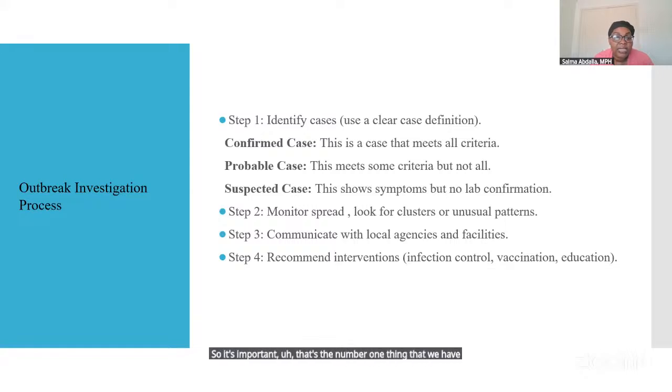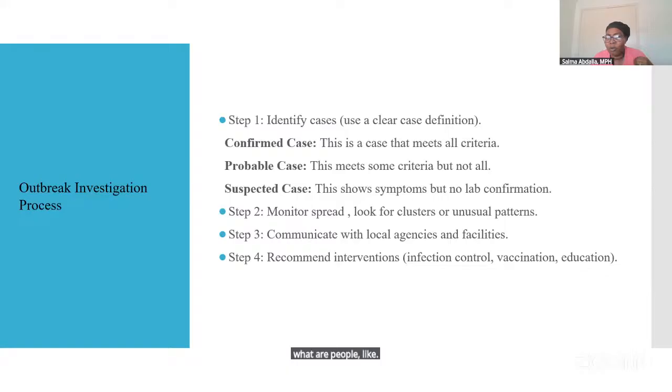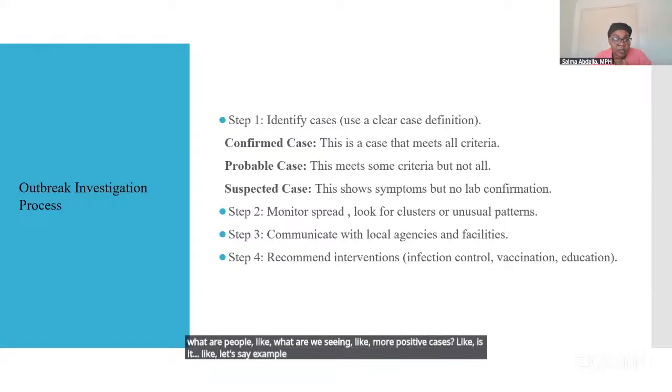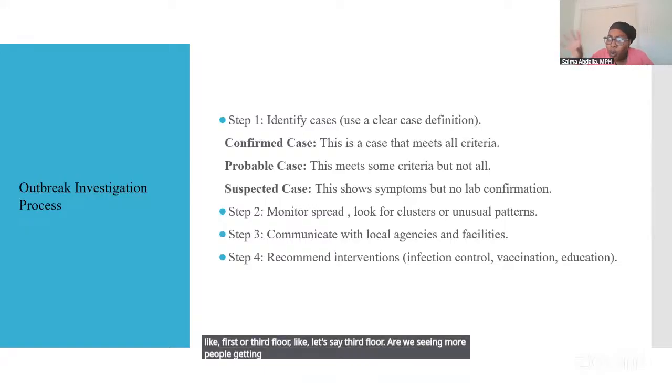That's the number one thing we have to do. Step two, we have to monitor the spread. We have to look for clusters or unusual patterns. For example, in a long-term care facility, because they have different wings, like the first or third floor, are we seeing more people testing positive on the third floor?